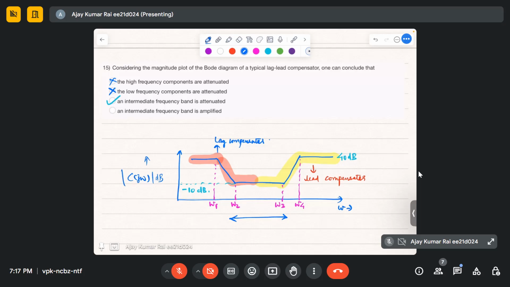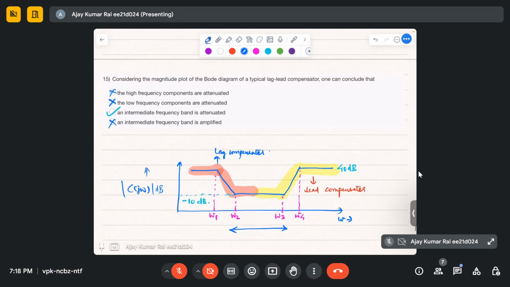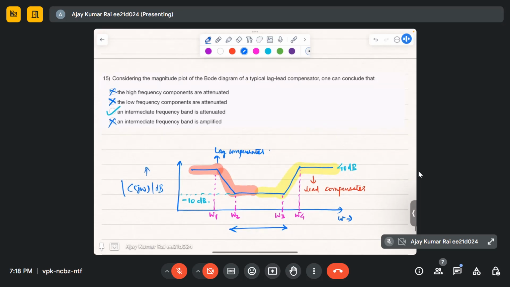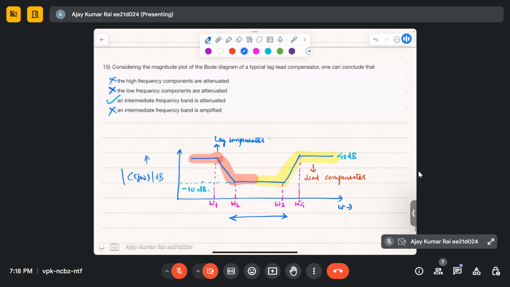And the last statement obviously is false: the intermediate frequency band is amplified. It's not amplified, it's attenuated. We'll choose the gain such that these statements hold true, whatever I have discussed now. So at low and high frequency, we are amplifying the signals, and the intermediate band will be attenuated. Okay, any doubt in this case?